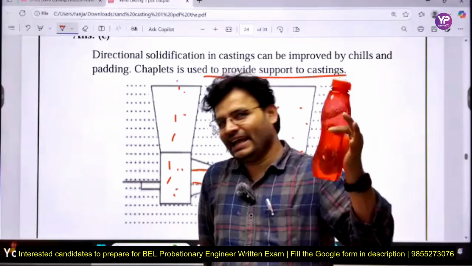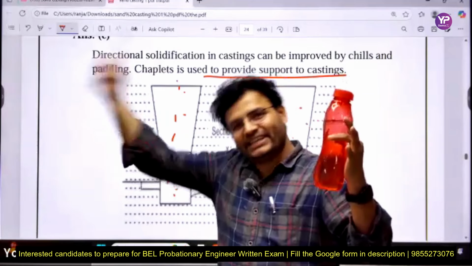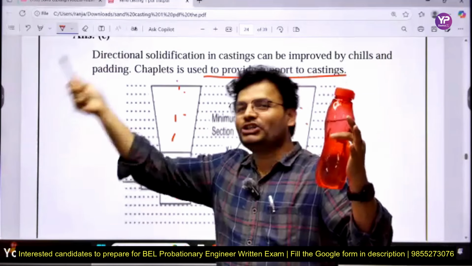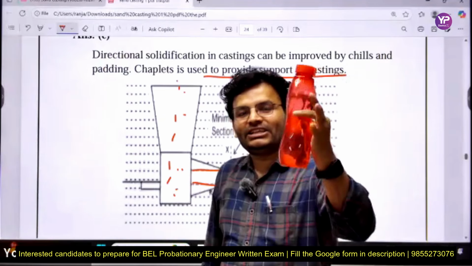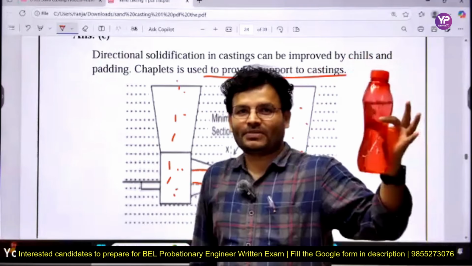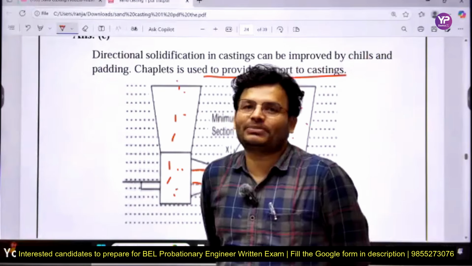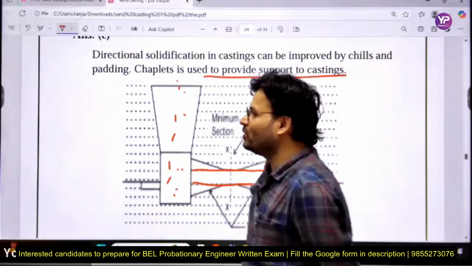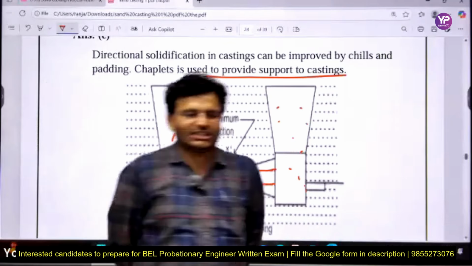Obviously, 1 quintal of water will also boil at 100 degrees Celsius corresponding to 1 atm. But if I have 1 kg of water, the heat requirement is less compared to 1 quintal of water.